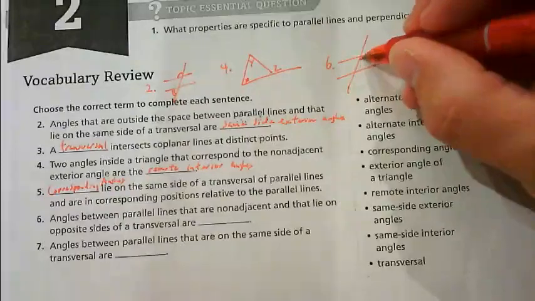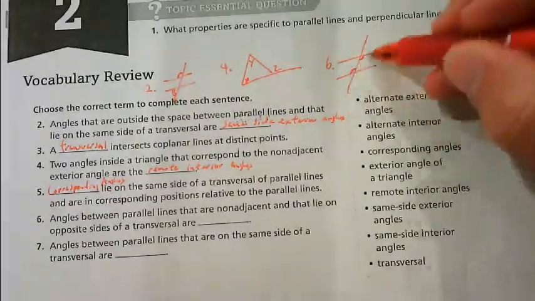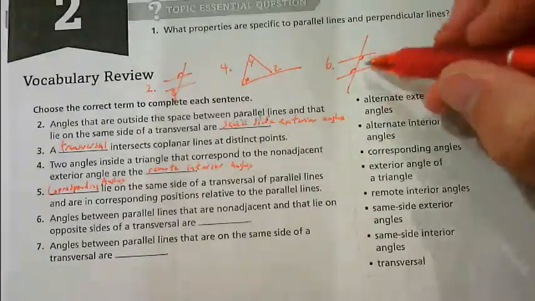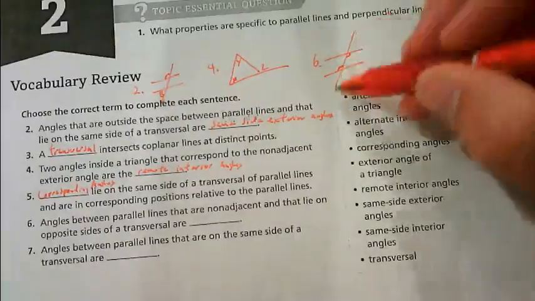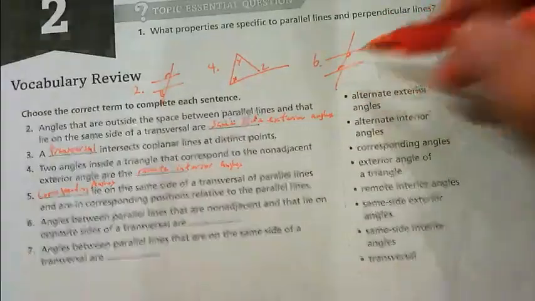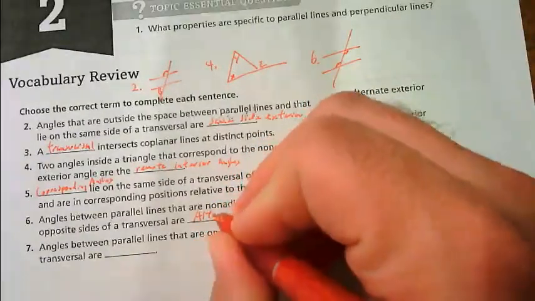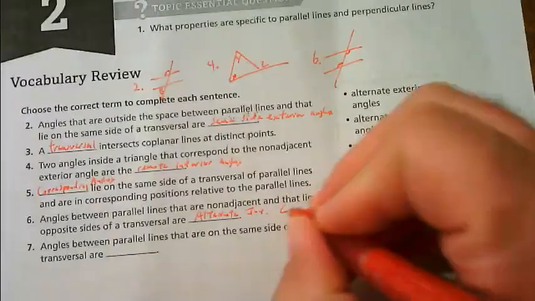For example, this one and this one are on alternate sides of the transversal. They're not adjacent, and they're on opposite sides of that transversal. So between the lines, opposite sides of the transversal, non-adjacent: alternate interior angles.